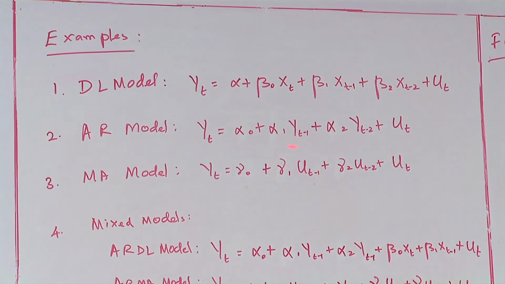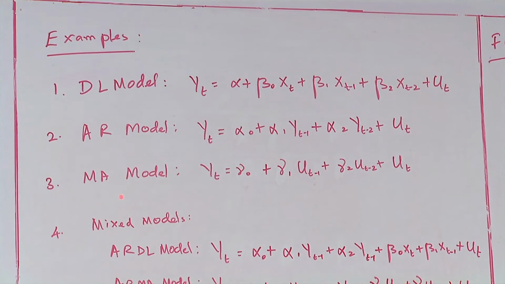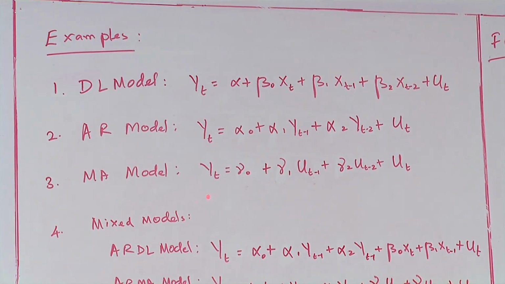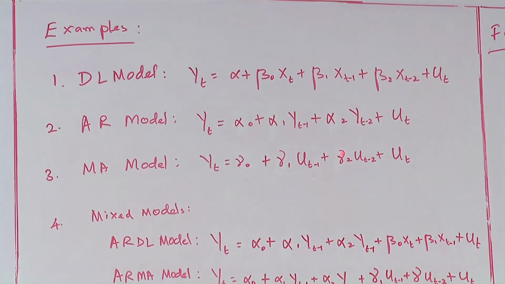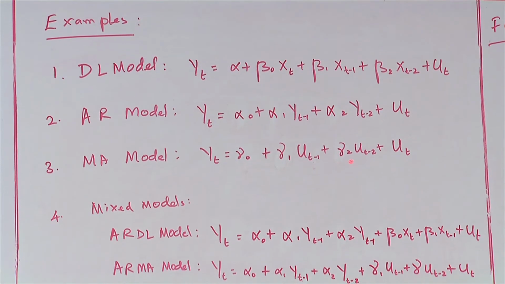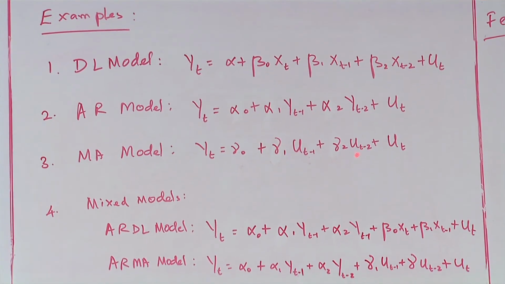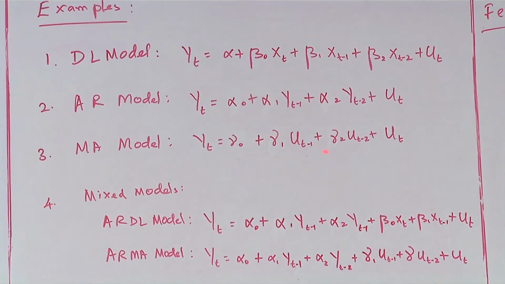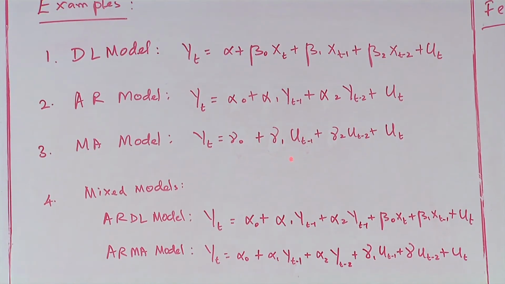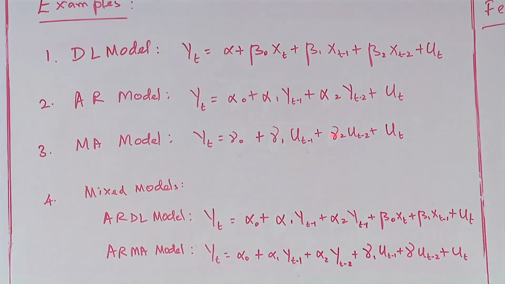Similarly, we can define a moving average model. A moving average model will have the lagged variables of the error term as the independent variables. The error term is ut, the lagged variables of ut are ut minus 1 and ut minus 2, and they will form the independent variables category.